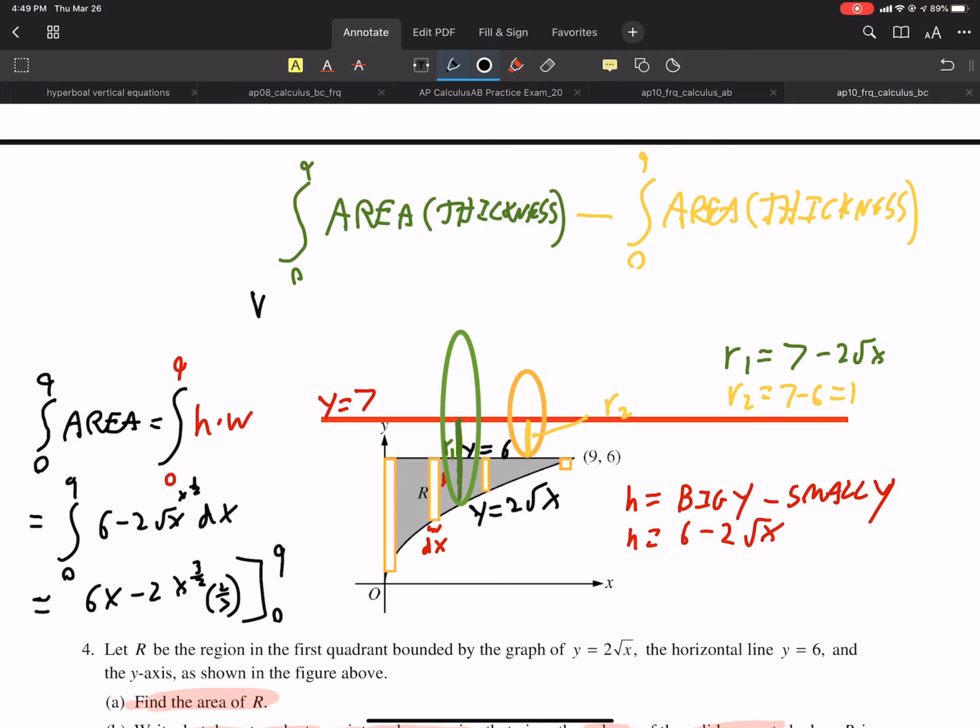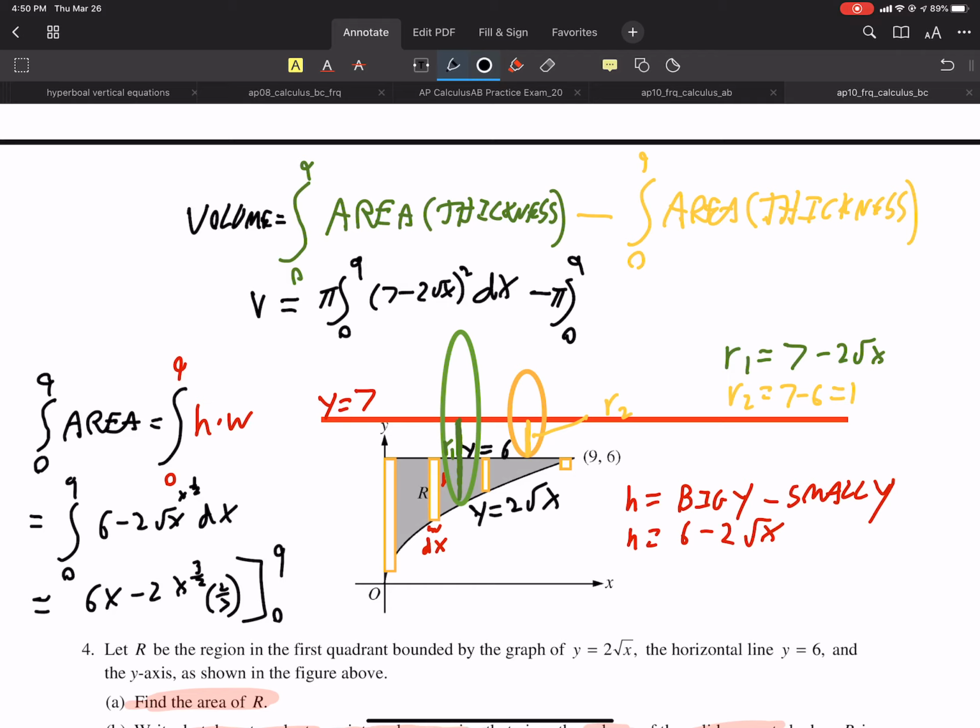So the volume is going to be the integral from 0 to 9, you can put the pi outside, pi r squared. So my r is 7 minus 2 radical x, squared. The thickness is dx, minus pi, again, you put it outside the integral.